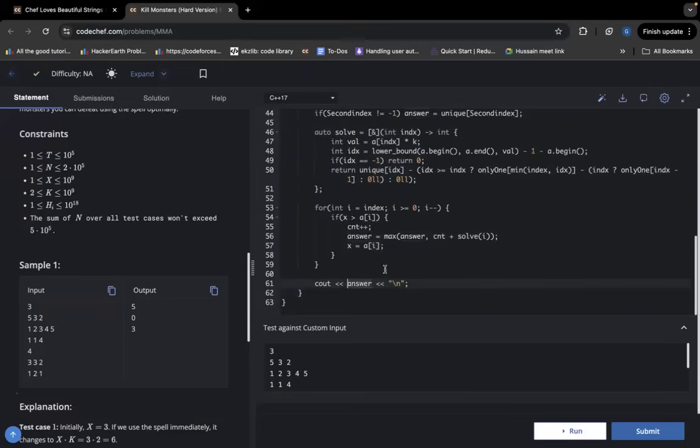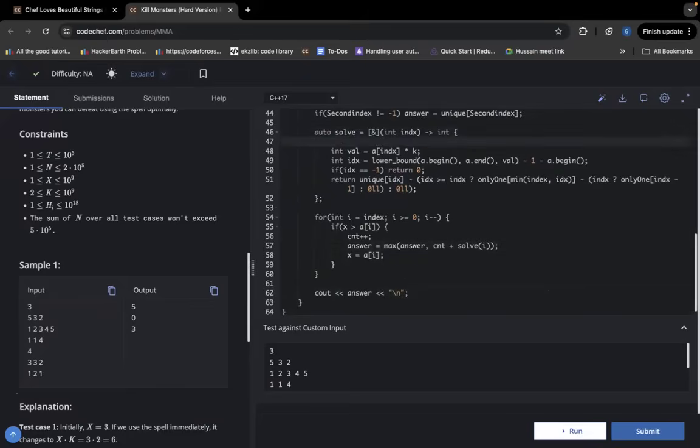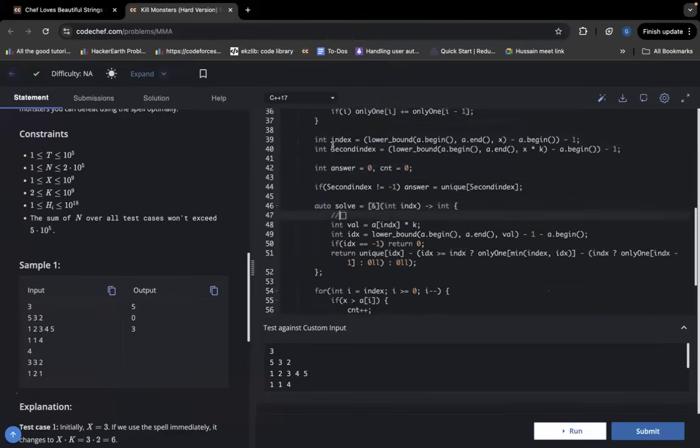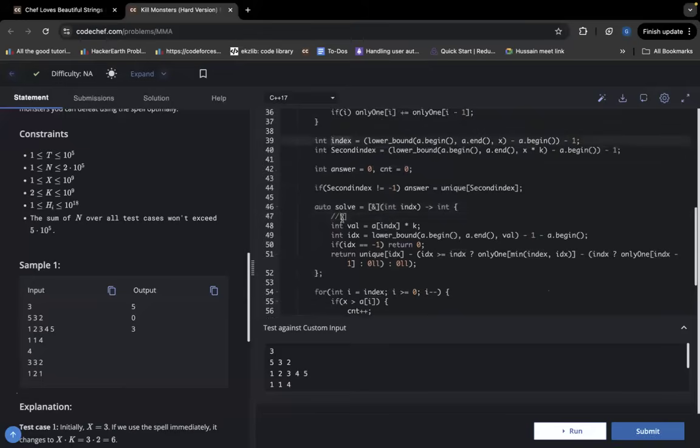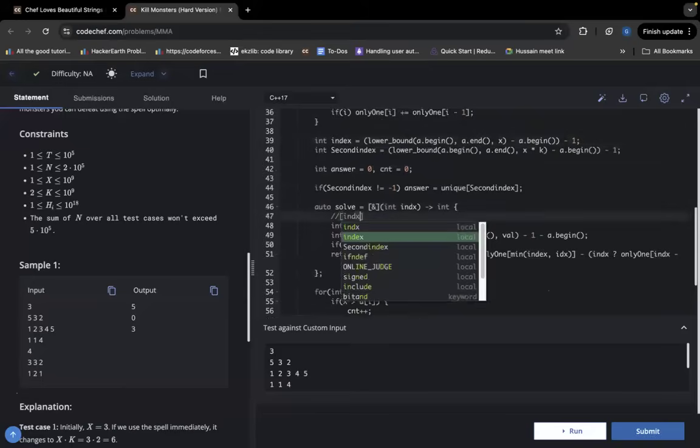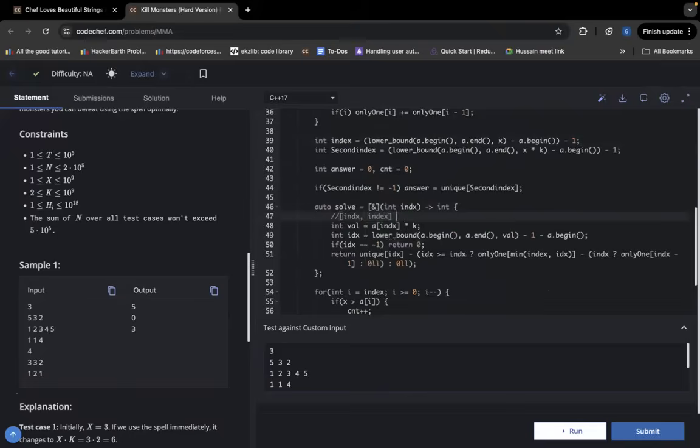Now the only thing I have to do is I have to solve for i. Now what does solve for i mean, guys? Solve for i means that from this index, okay, don't confuse it with this index. This is where I started. So do you agree from this index to this index, I have killed all?